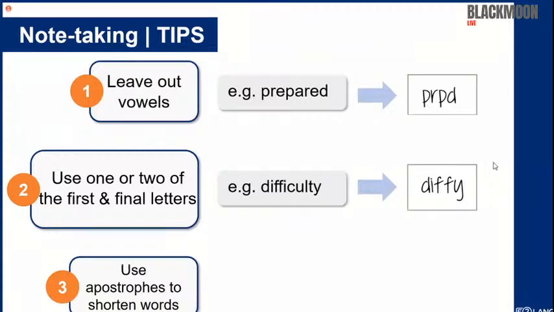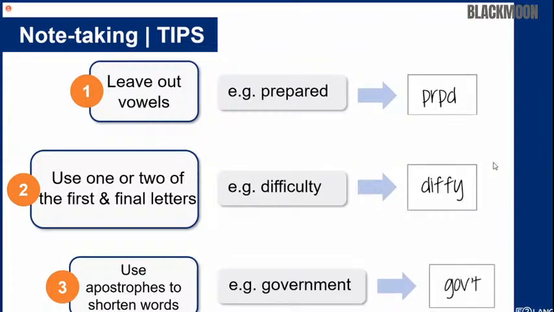Number 3 is to use apostrophes to shorten words. So if the word is government, I would just write gov apostrophe T. I usually do this with suffixes that we use with nouns.